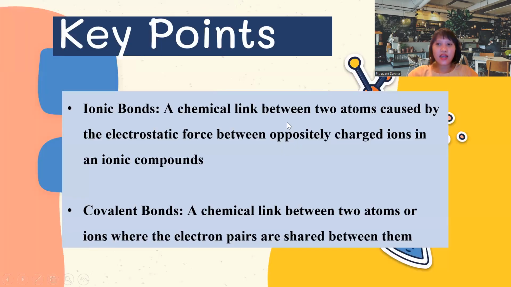Okay, I think that is my presentation about ionic bonding and covalent bonding. The conclusion or key points of the presentation today: ionic bonding is the bonding made by a metal and a non-metal. Metals have the tendency to lose electrons and become positive ions, and non-metals have the tendency to gain electrons, so they become negative ions.